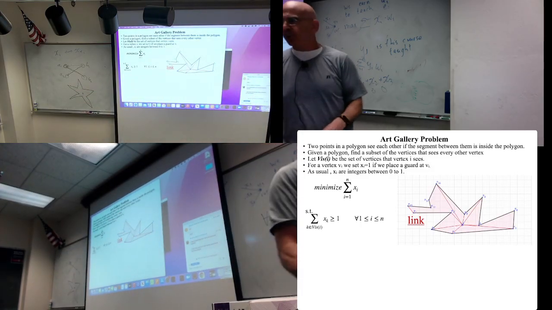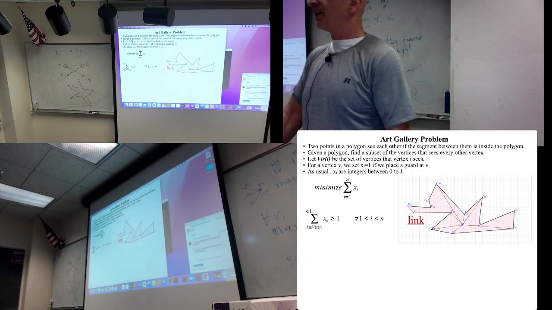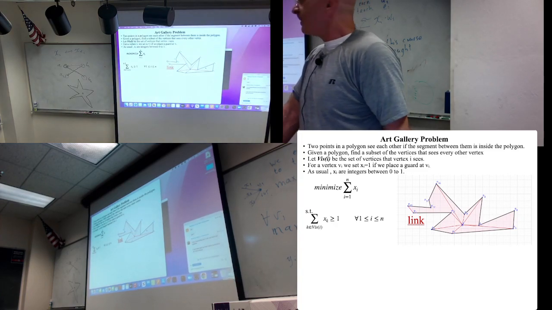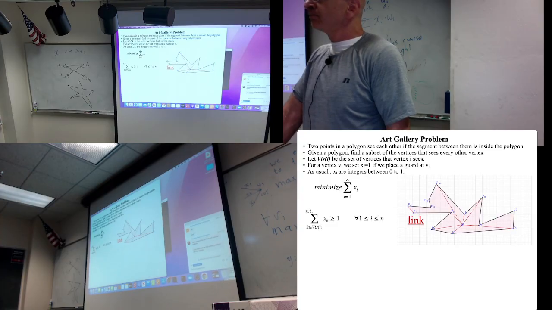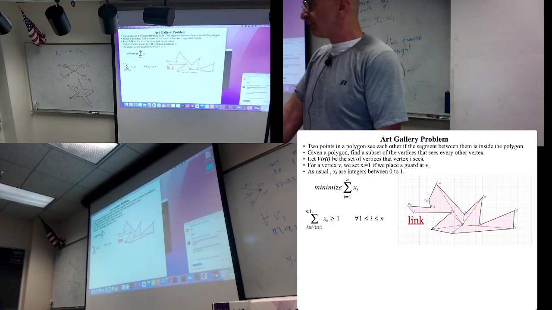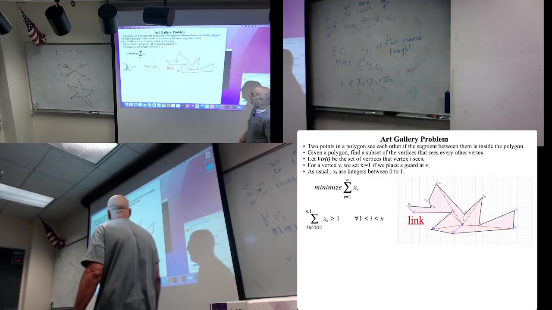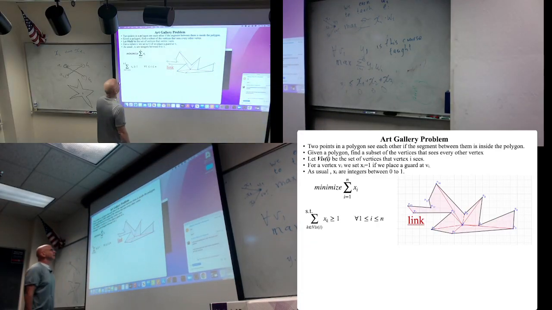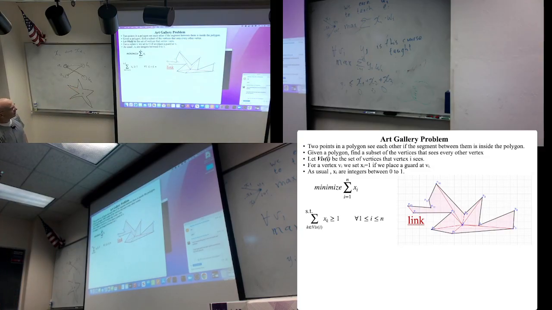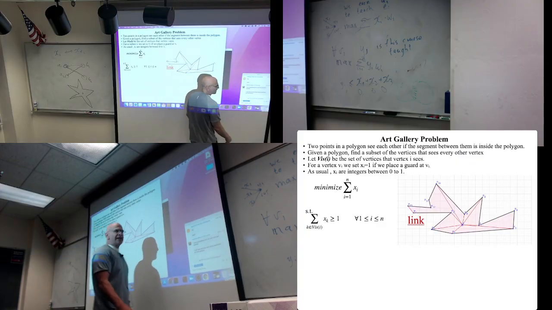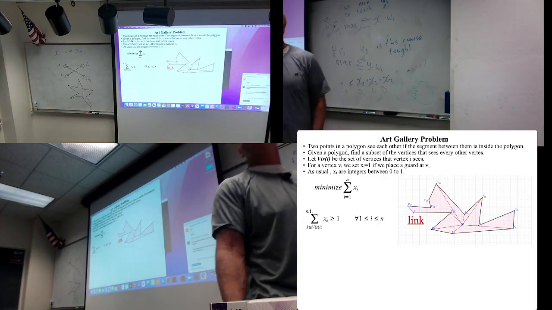Like any interesting problem in the world, the art gallery problem is NP-hard. The fastest approximation algorithm is by my colleagues and me from about 20 years ago. But let's see how we solve it with ILP.